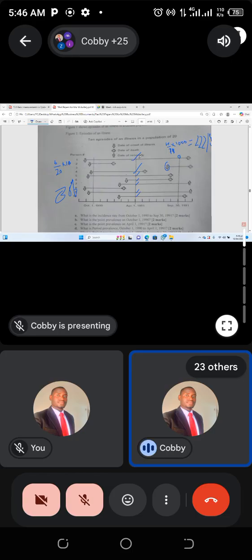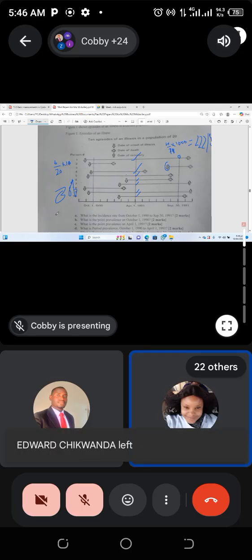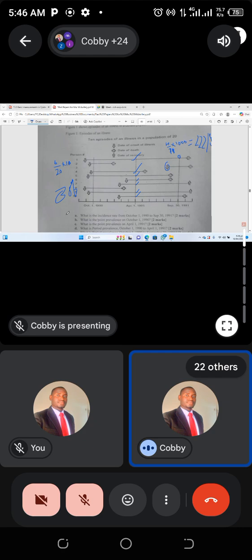Now, what is the total population at this point? Remember, those who have died before this time are not counted as part of the population, because they are no longer there.